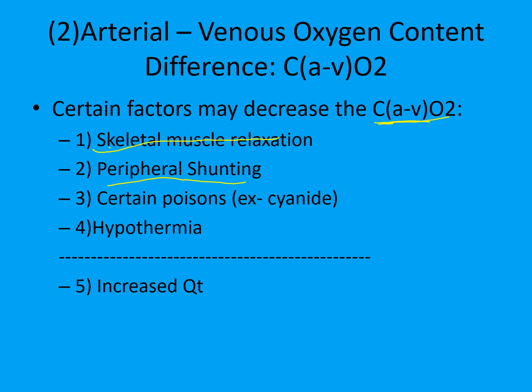Poisonings can do this. Cyanide poisoning could easily do this. Hopefully you won't have to deal with that in your career. It may decrease the A to V gradient. And hypothermia, and this is what I was talking about with the shunting, right? Low core body temperature can easily decrease the A to V gradient.